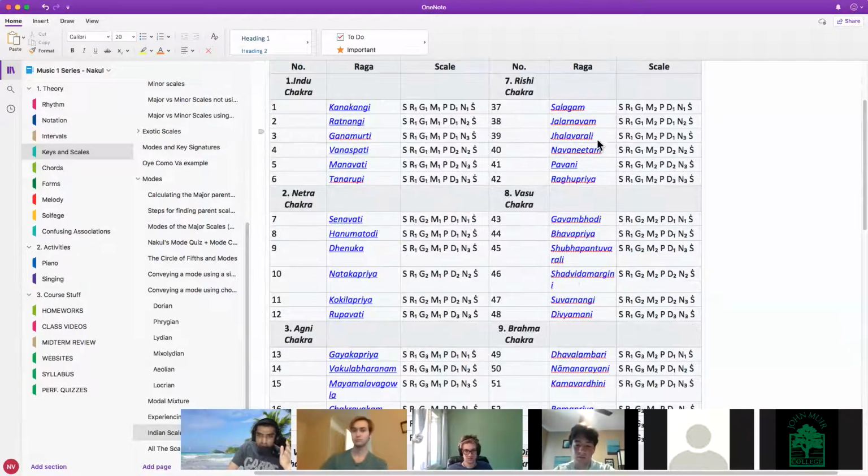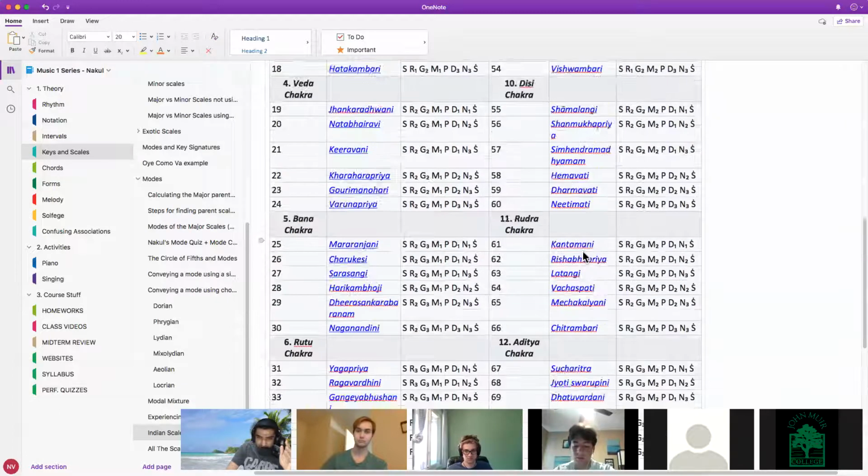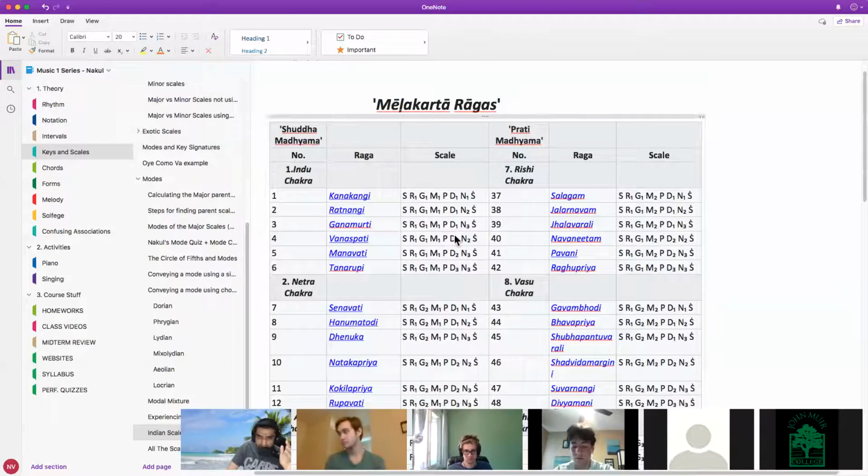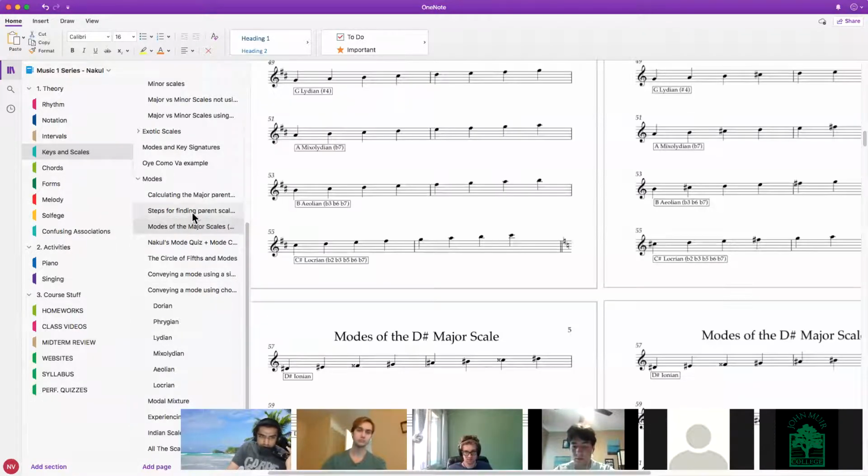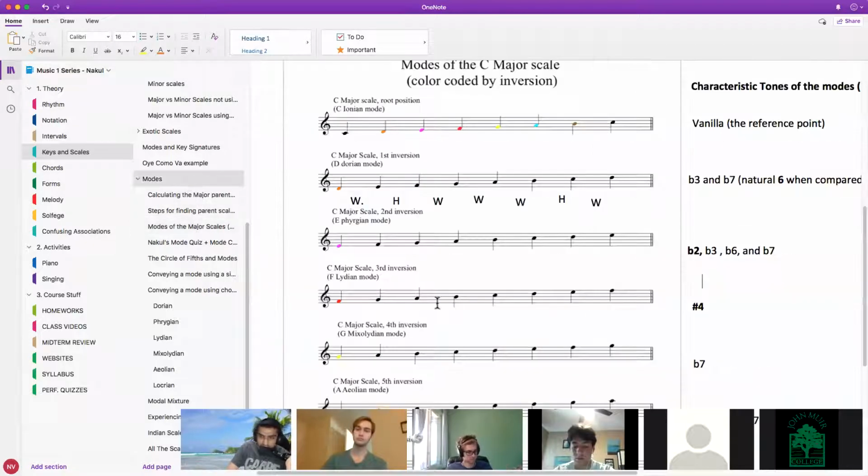All of the scales on this side are exactly identical to the scales on this side, except they all have the sharp 4th scale degree. So this idea of this Lydian mode, this sharp 4th scale degree, is a very significant characteristic that other cultures have picked up on and made a very essential portion of the culture of music.